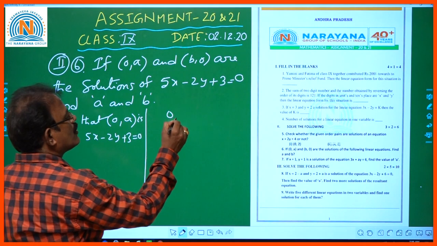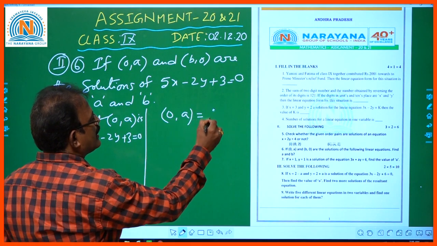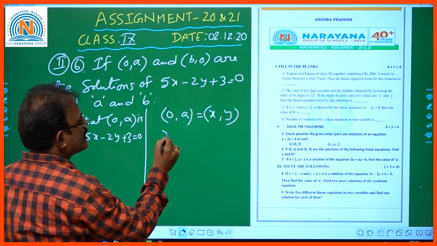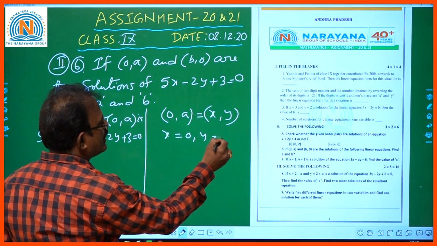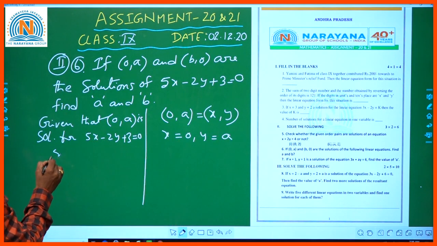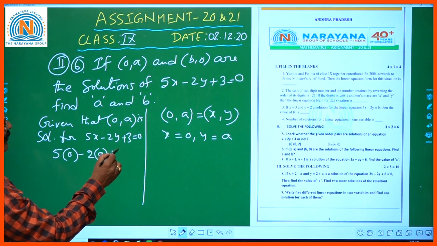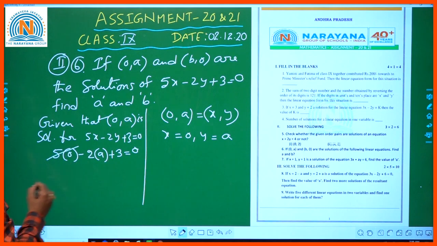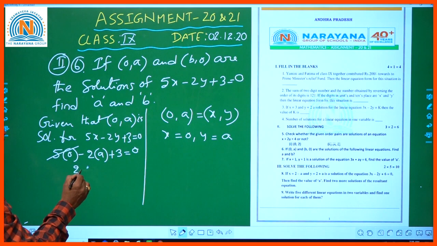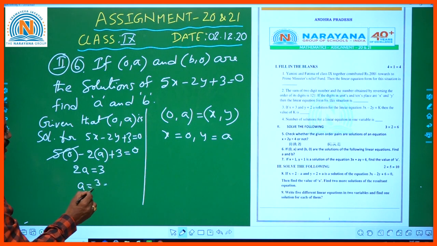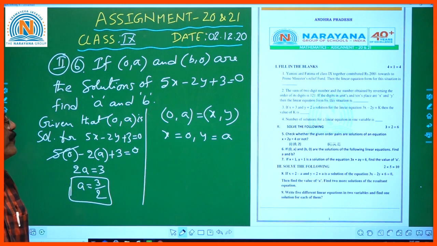On comparing 0 comma a to x comma y, x is equal to 0, y is equal to a. So this is cancelled. Minus when you transpose to the right side, plus 2a is equal to 3. So a is equal to 3 upon 2. This is the value of a.